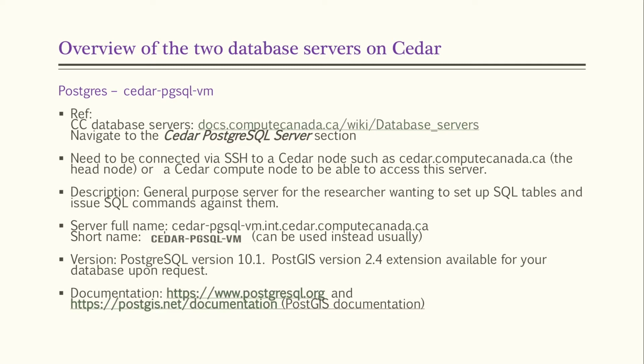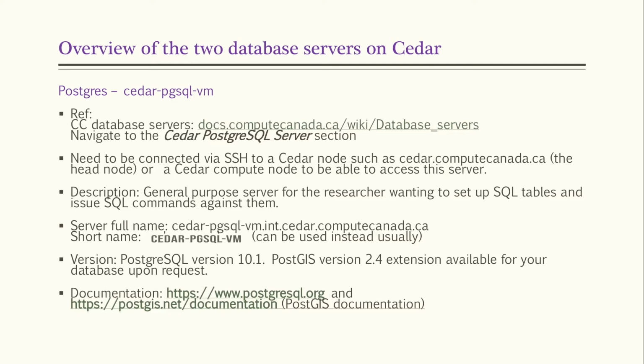you are required to access Cedar via SSH to a Cedar node, such as our head node, our main node. The main way you could access this database is by logging into cedar.computecanada.ca.